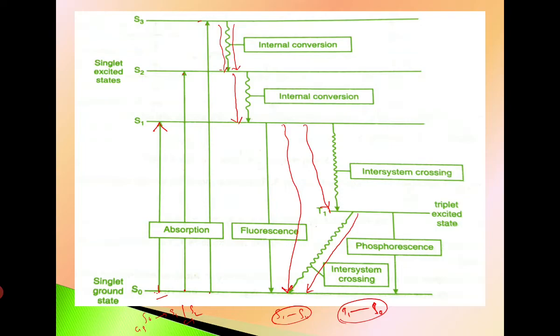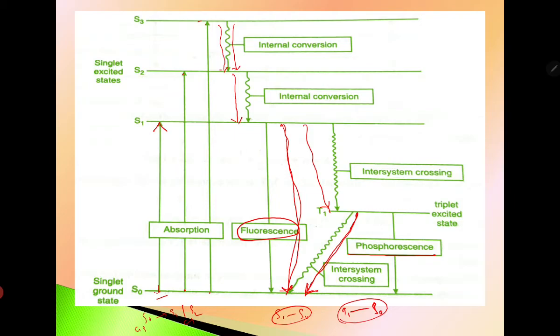Therefore, they are called radiative transitions. The radiations emitted when the electron gets deactivated from S1 to S0 is called fluorescence. And the radiations emitted when the electrons are getting deactivated from the excited triplet state to the ground state, that process is called phosphorescence.